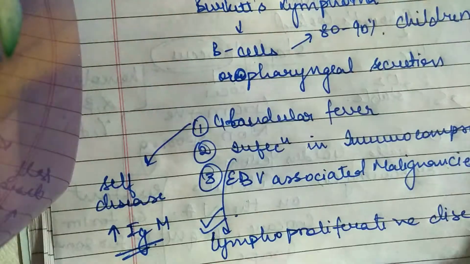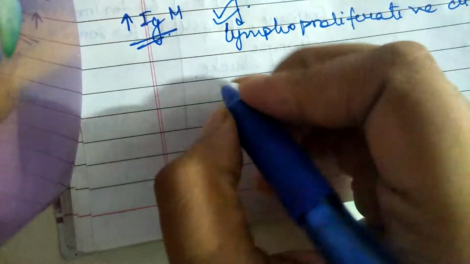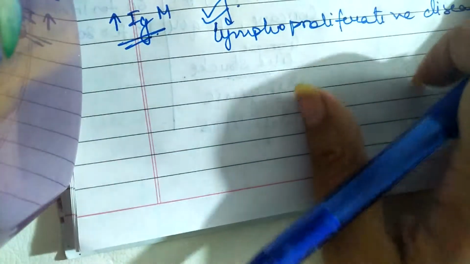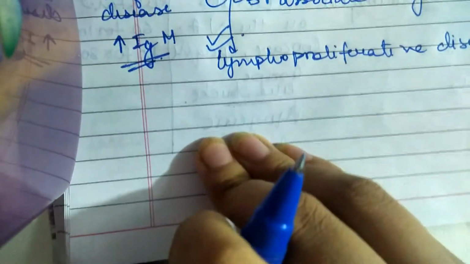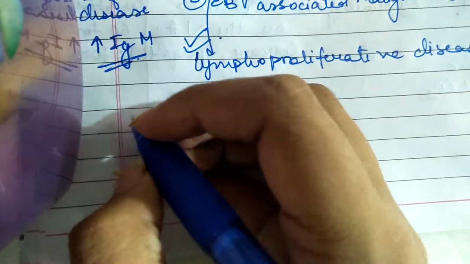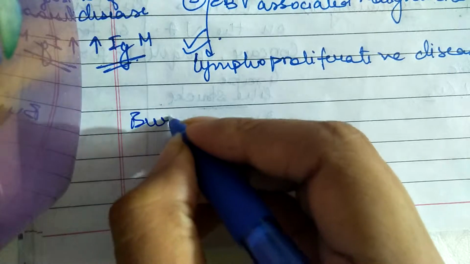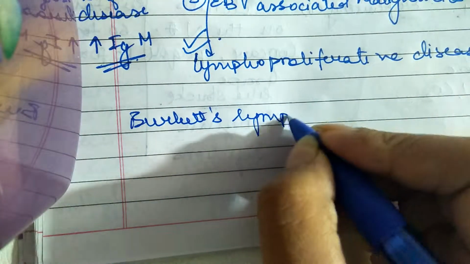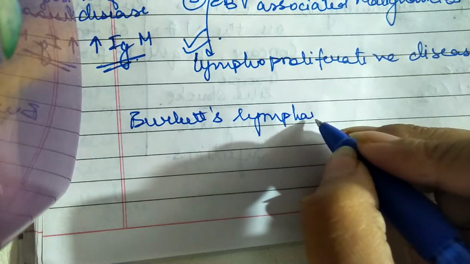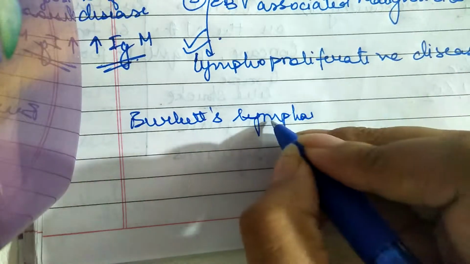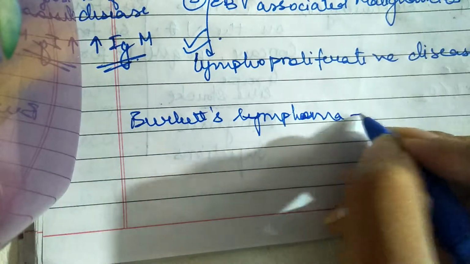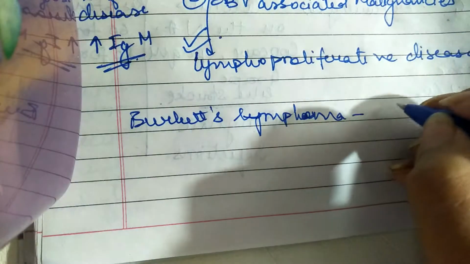Now come the malignancies. So we have malignancies such as Burkitt's lymphoma. Burkitt's lymphoma is prevalent only in Africans and New Guinea.